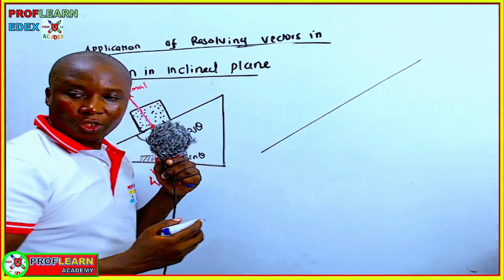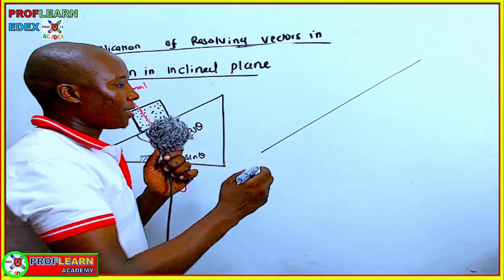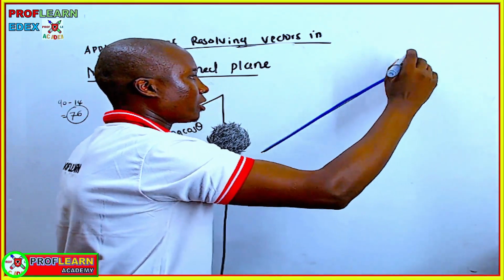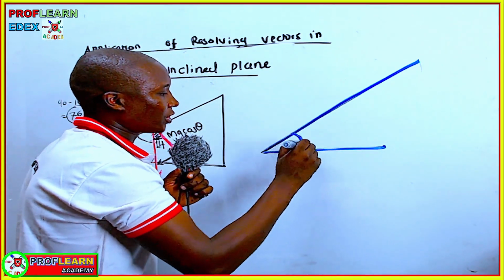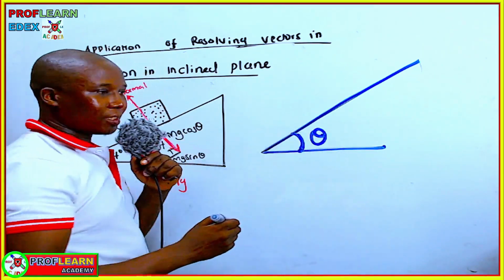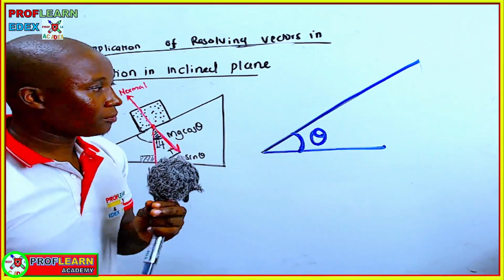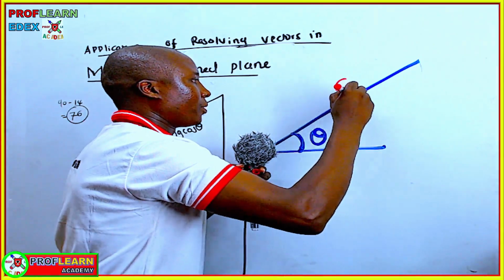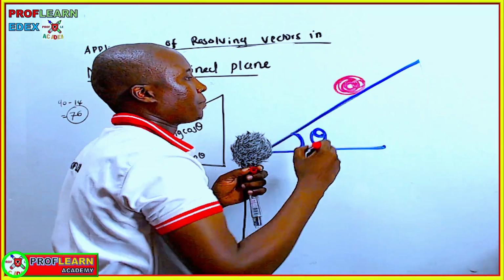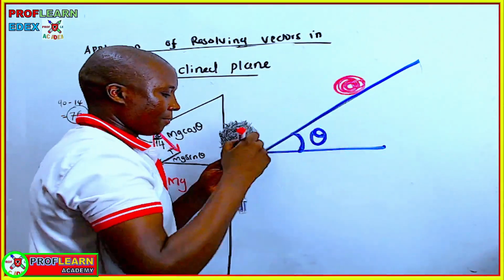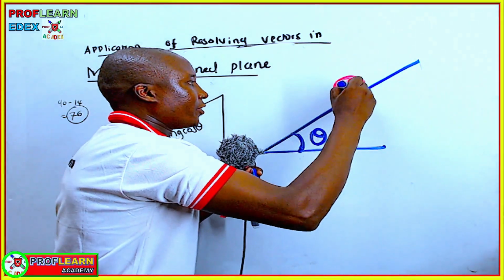Anytime you are working out motion on an inclined plane, something you need to remember is the first thing to ask yourself: which angle is here? If this angle is theta, and we have an object resting at this point, it means there is a force the object is exerting on the inclined plane.